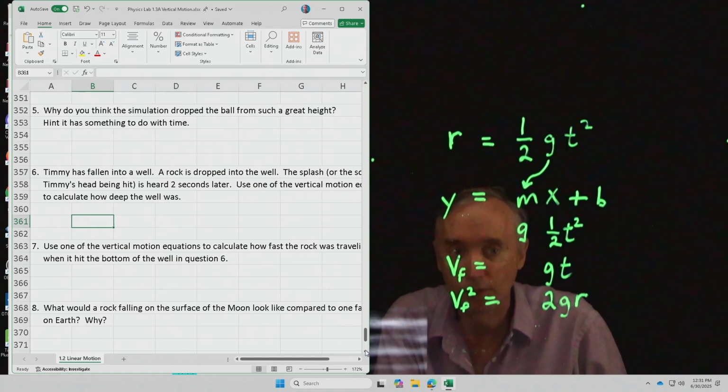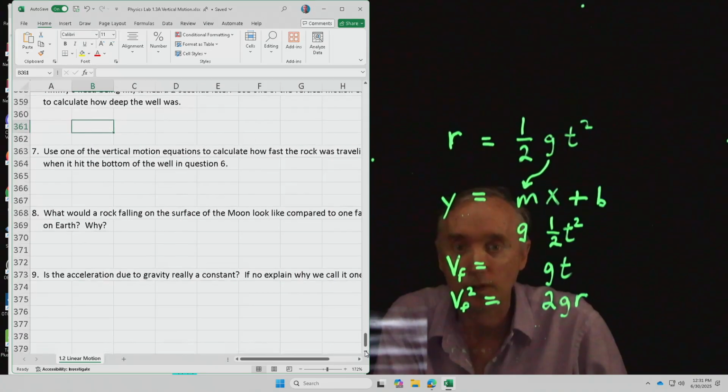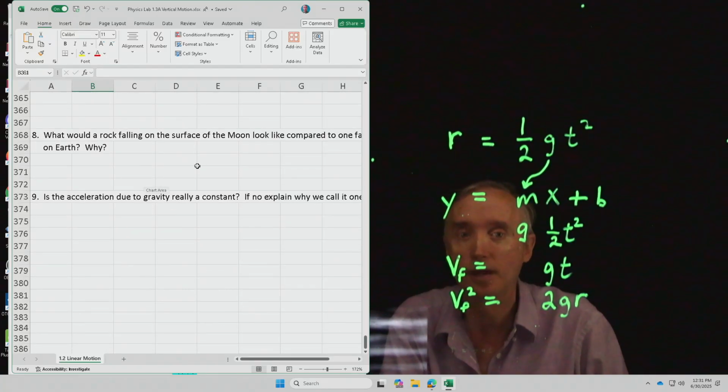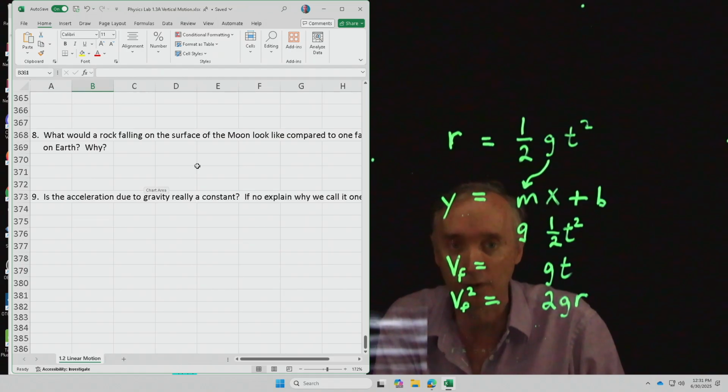Then question number 8 is what would a rock falling on the surface of the moon look like compared to a rock falling on Earth, and explain why. And then question number 9, you may need to look this one up on the internet.